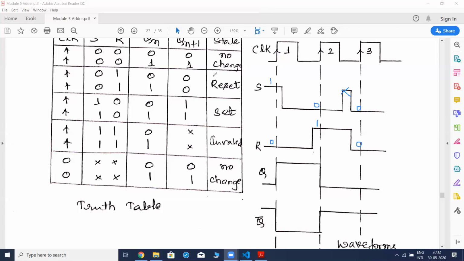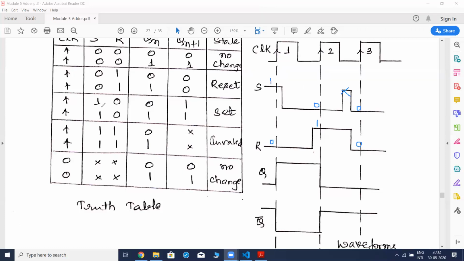All right. Now let us see, according to this truth table, how this waveform is being written. This is the clock for 3 pulses that is being shown. At the positive going edge of the first clock pulse, the input S is 1 and R is 0.